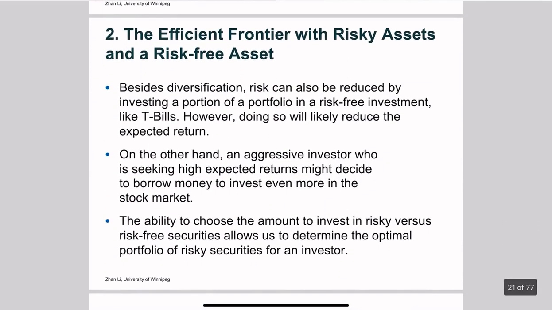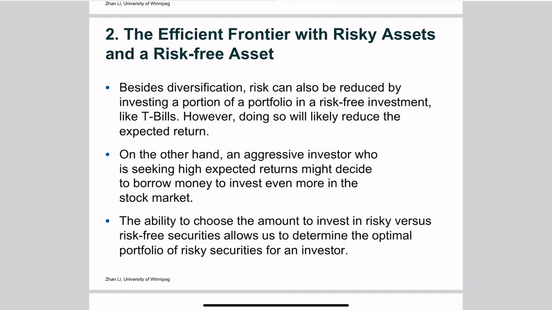Okay, now let's talk about the second topic. The second topic is about the efficient frontier with risky assets and a risk-free asset. If you think about the first section, when we constructed the efficient frontier, we only talked about stocks, right? Our major focus was two stocks, Intel stock and Coca-Cola stock.